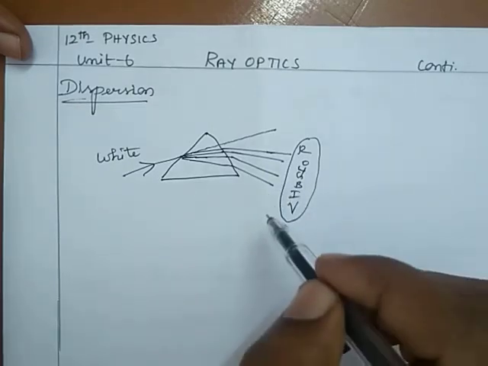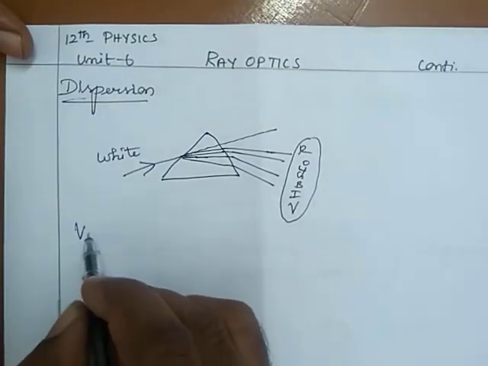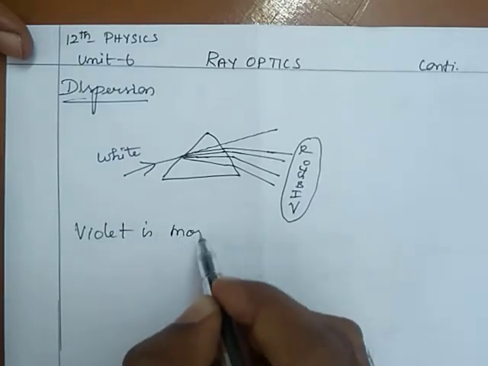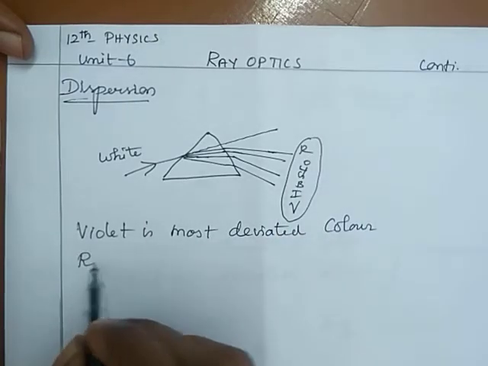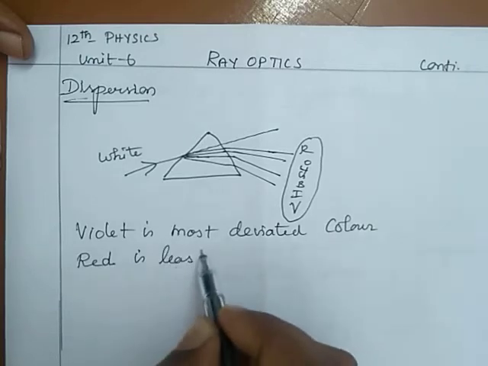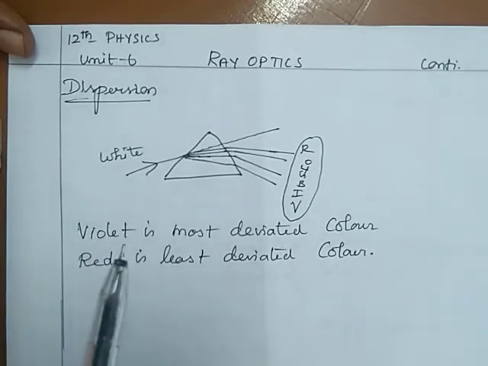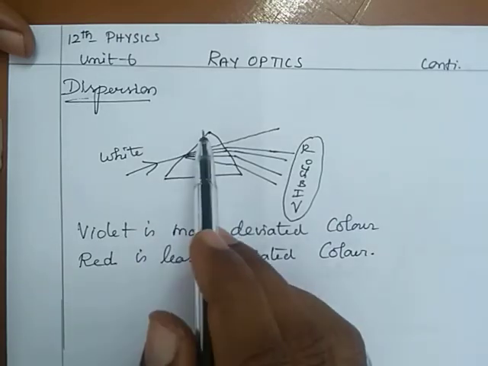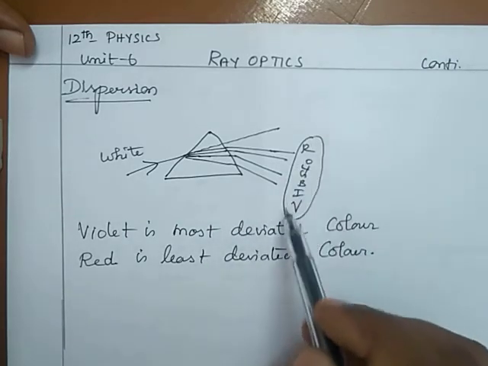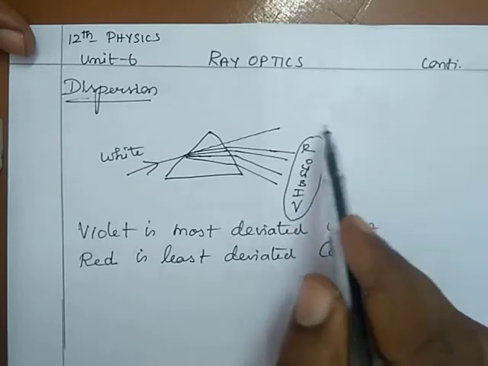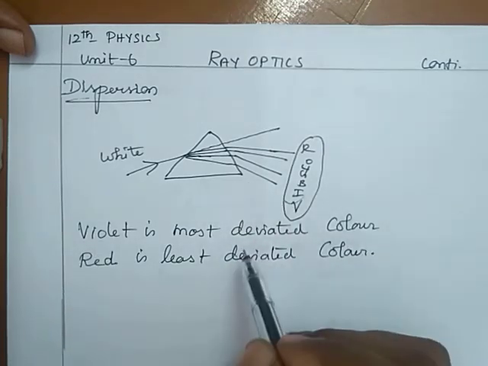From this observation we found that violet is the most deviated color and red is the least deviated color. Dispersion means a white light is made to fall on a prism, and it splits the white light into its 7 constituent colors. This is known as dispersion. The band of colors of light is known as the spectrum.